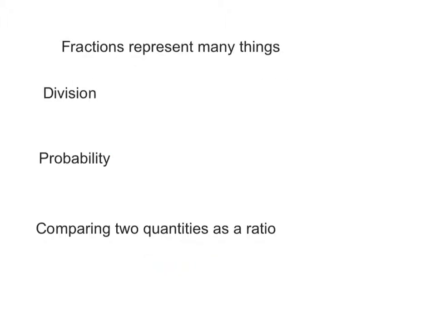So another big idea is that fractions represent many things. Fractions can represent division. So if my fraction says 3/4, it's really taking the 3 and dividing it 4 ways, which seems like that would be sort of an impossible thing to do, but we have done our magnitude estimates and we know that that's going to be less than 1.